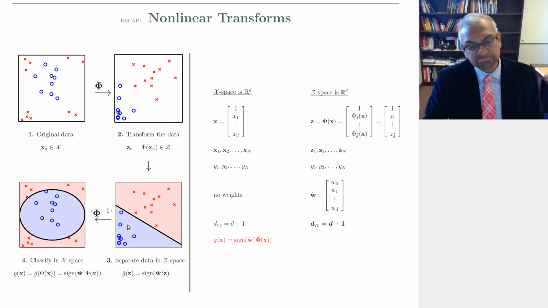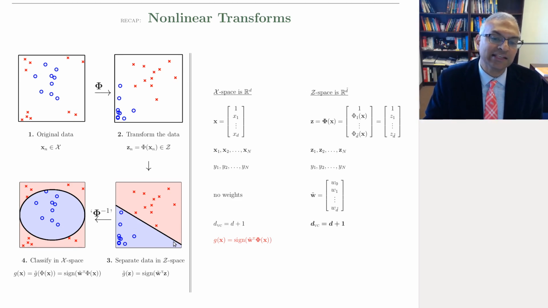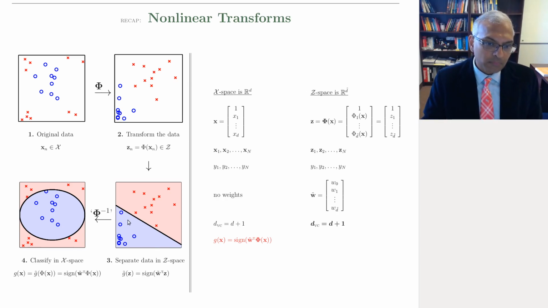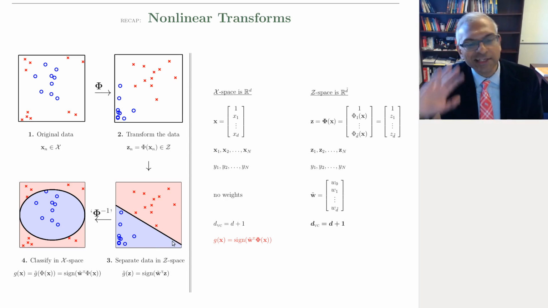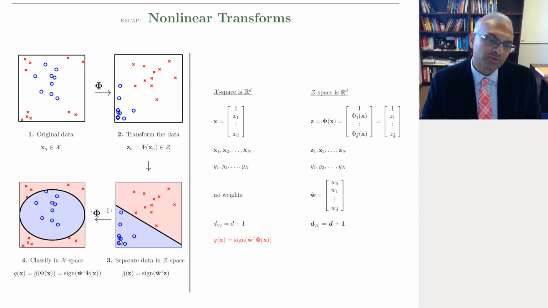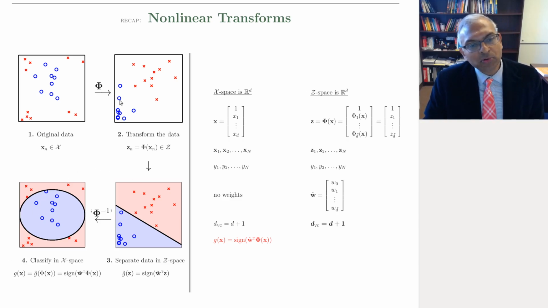So you can go ahead and run your PLA or pocket algorithm or regression for classification, whatever your favorite linear model algorithm is, and find a linear classifier. Now, the thing is that this linear classifier only lives in your feature transform space. And so when you get a new test point in your original space, you transform the point using the same phi into your Z space, into your feature space.